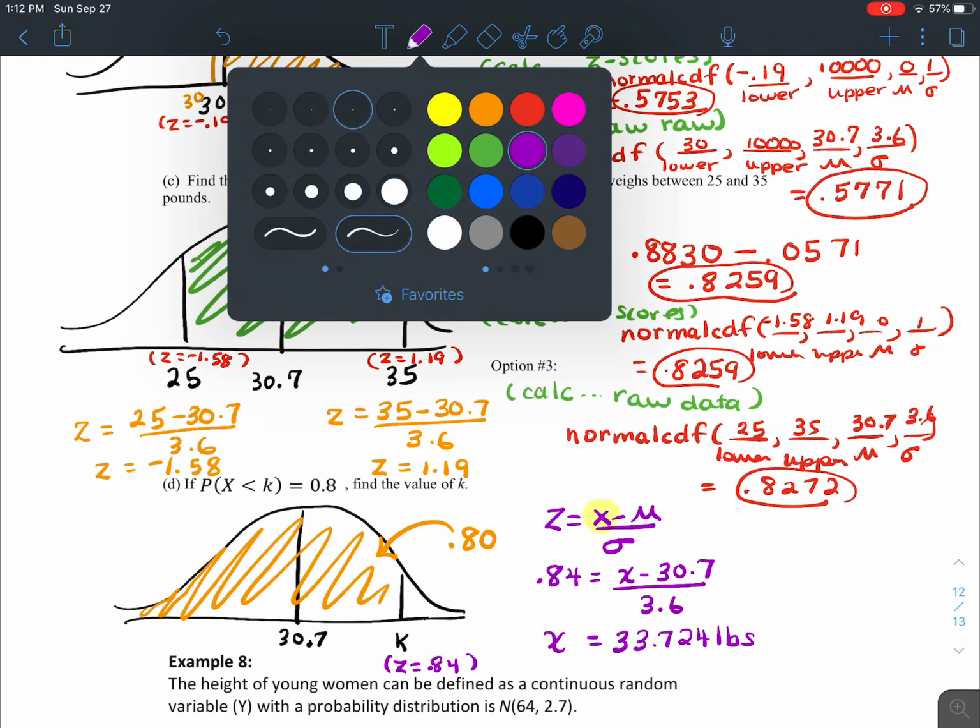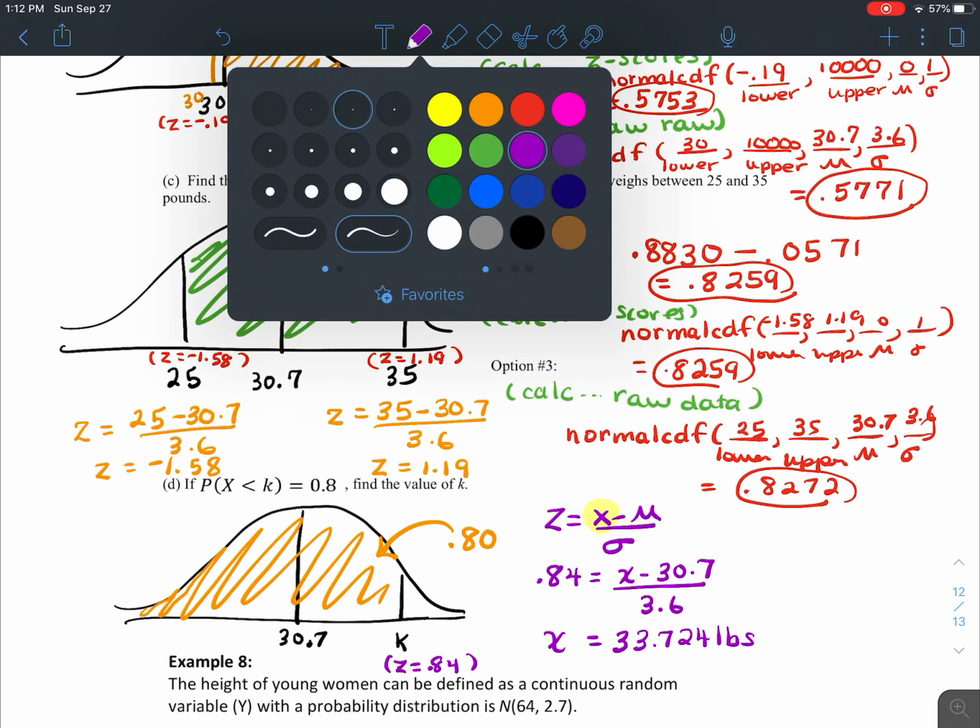And we could just use the raw data. 30.7 is the mean, and whoops, I have that backwards here, sorry. Right here I want to put 30.7 as the mean and 3.6 as the standard deviation. If we type that in, that'll give us roughly the weight of a 3-year-old girl where 80% of the other 3-year-old girls weigh less than her.